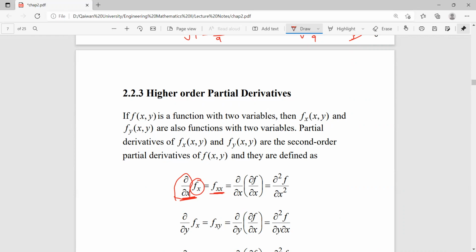Here we take a partial derivative of f sub x, and the result is f sub xx. You could write it as partial by partial x of partial f by partial x, and also partial squared f by partial x squared. We can write them down, these all are the same. Okay, this is the second partial derivative.